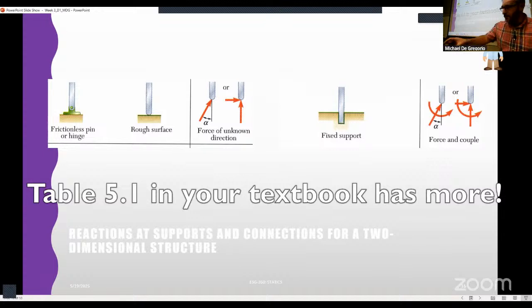But those are the three most common. Do I expect you to remember all these? You're going to do so many that I don't expect you guys to memorize anything. But I would hope that you understand what we're getting at here, right? And so if you don't want to memorize that, that's fine. I wouldn't tell you to.